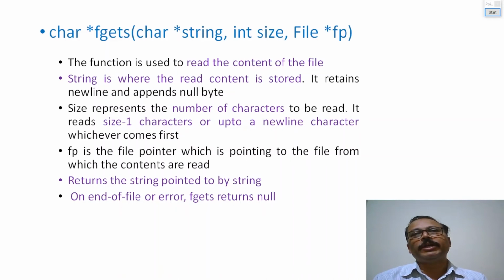So using fgets, you can read a string from a file. If a file consists of a number of lines of data, then every time you invoke fgets, one line is read. Whenever you want to read one line at a time, you go with fgets.